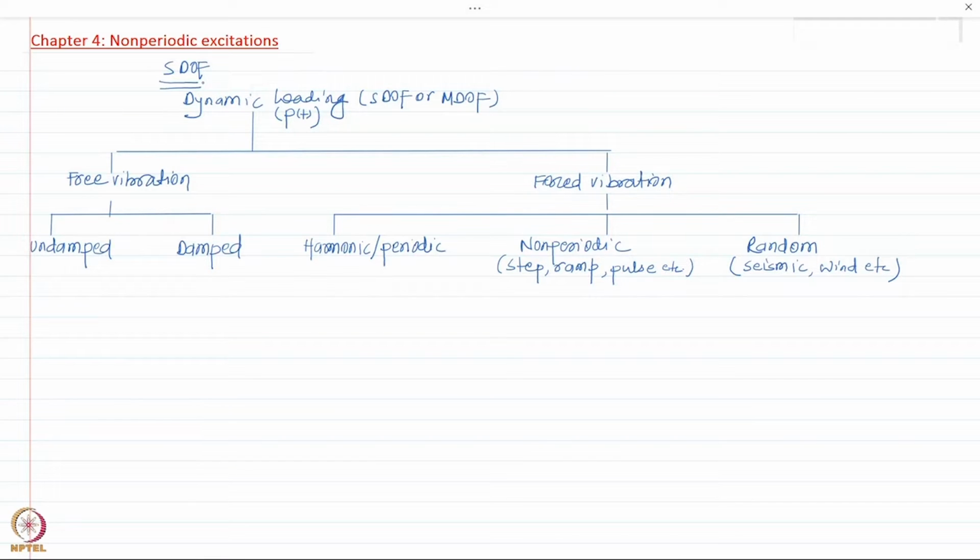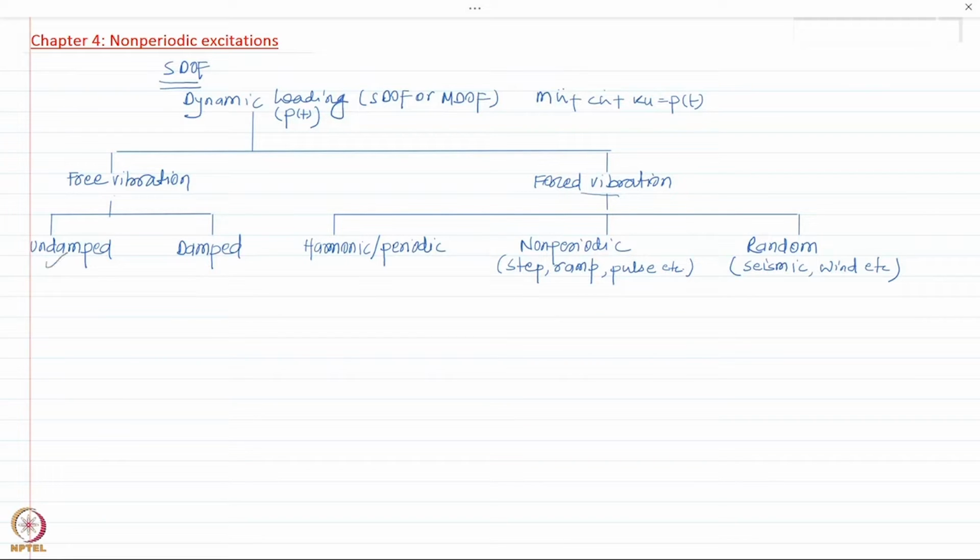We set up the equation of motion for a linear system, something like this, and this is equal to p of t, which is referred to as the excitation or the forcing function, and depending upon p of t, we divided our study into free vibration and forced vibration.